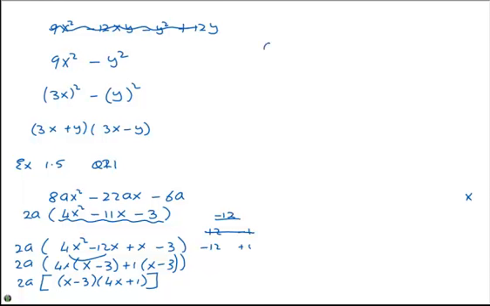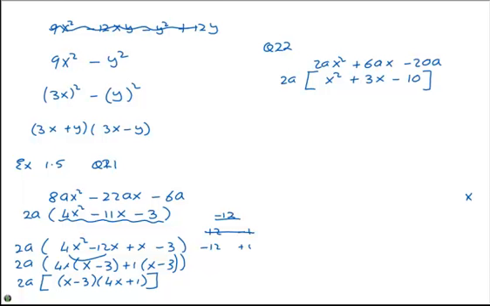Next question, question 22. 2ax squared. It's going to be a very similar question. 6ax minus 20a. You're going to factorize out 2a first of all. We use the square brackets this time. x squared plus 3x minus 10.